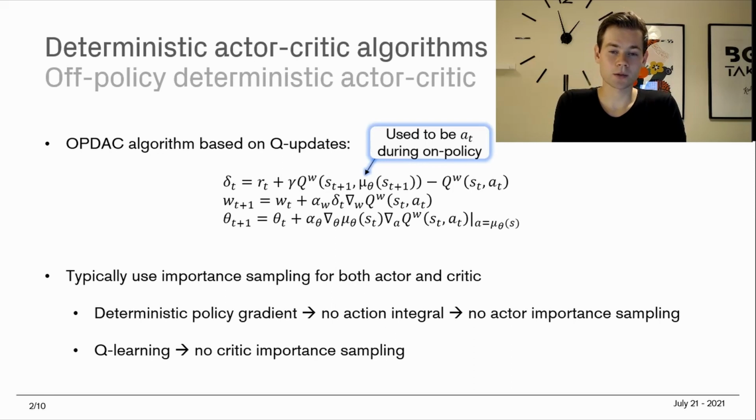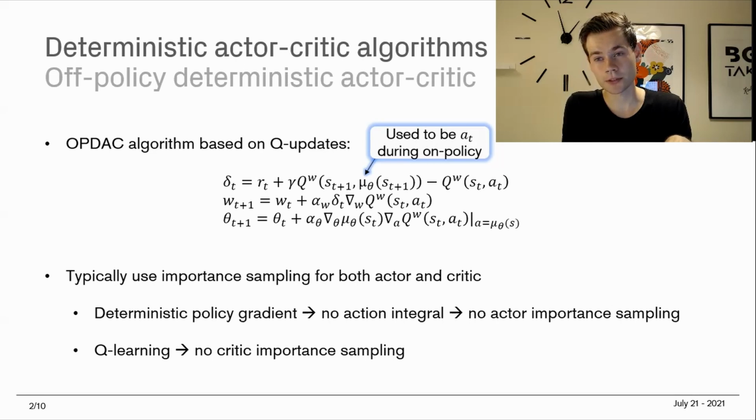Okay, and one thing to note is that typically you would use importance sampling for both actor and critic in the off-policy case. However, since this is a deterministic case, it's a bit special. Because we're using a deterministic policy gradient, we don't need an action integral. You would normally integrate over all the actions you can take, but we can only take one action because our policy is deterministic.